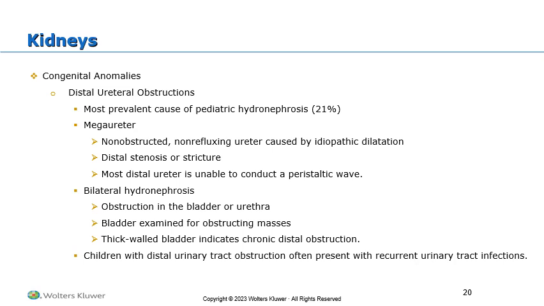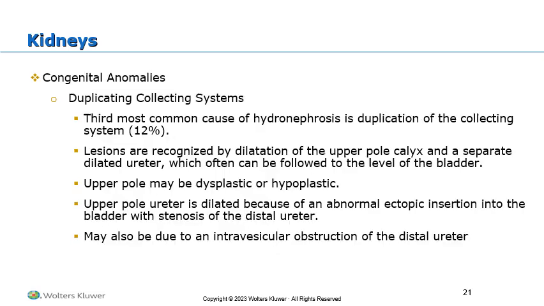Children with distal urinary tract obstruction often present with recurrent urinary tract infections, which makes total sense because we have that static urine. Ultimately, it can affect kidney infections and then have that long chain of events and repercussions.